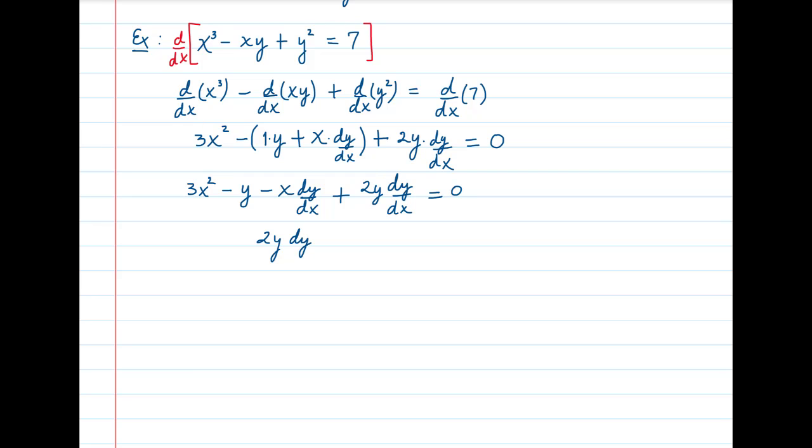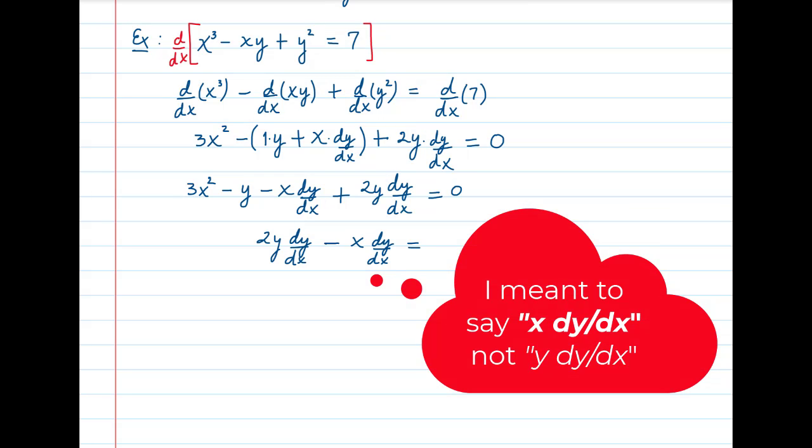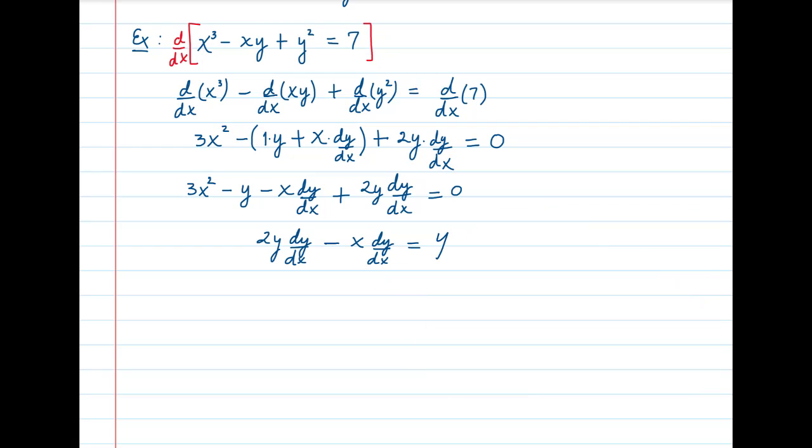And you can rearrange these terms any way you want as long as you keep their signs. So I'm putting the 2y dy dx first, minus y dy dx on the left. Okay, all I've done is I switched the order there, but that's okay. And then equal to everything else. I moved the 3x squared minus y to the right side, and I just wrote them in that order, y minus 3x squared.